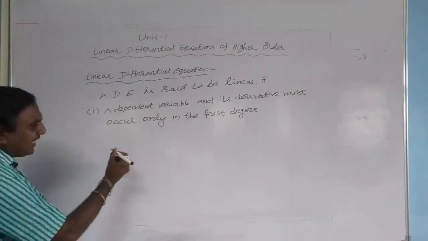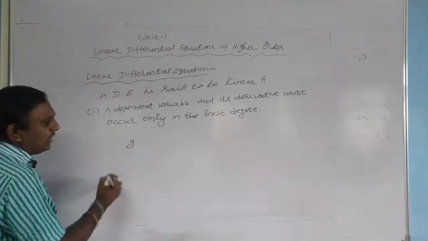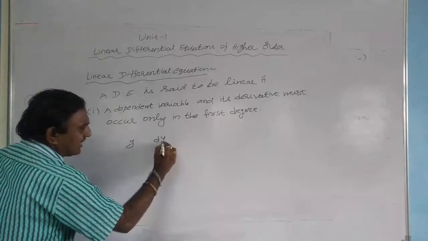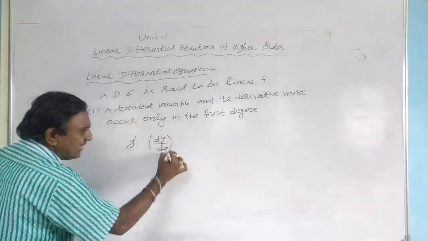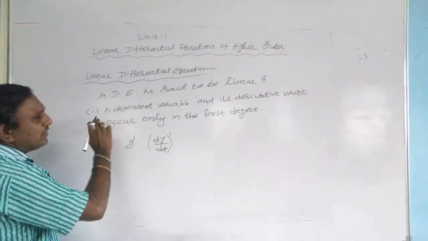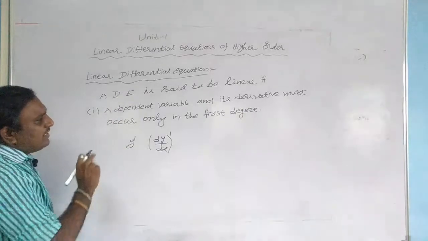For example, if y is the dependent variable and its derivative is dy by dx, then the power of y must be 1 and the power of dy by dx must be 1, and then the first condition will be satisfied.